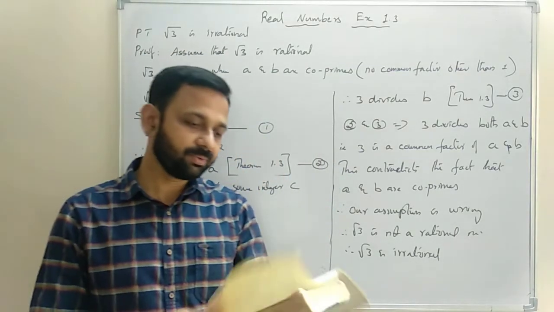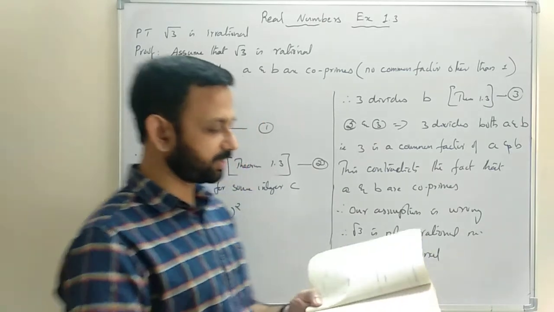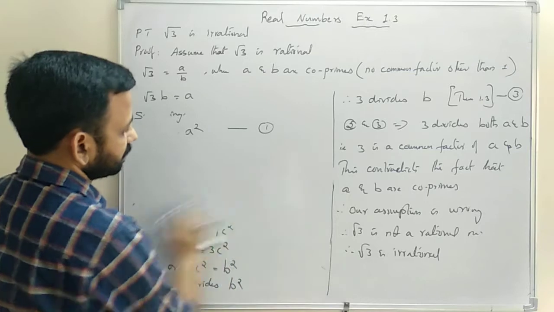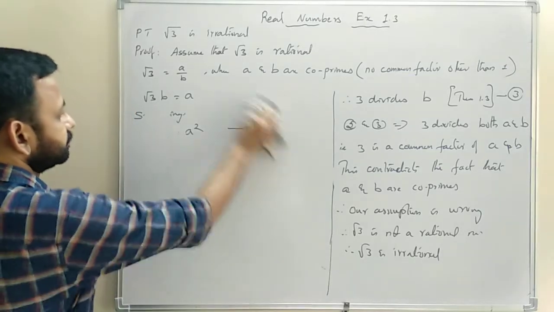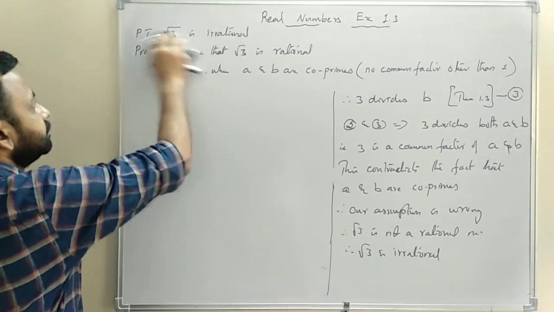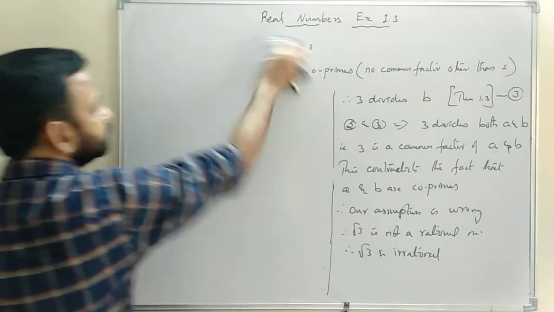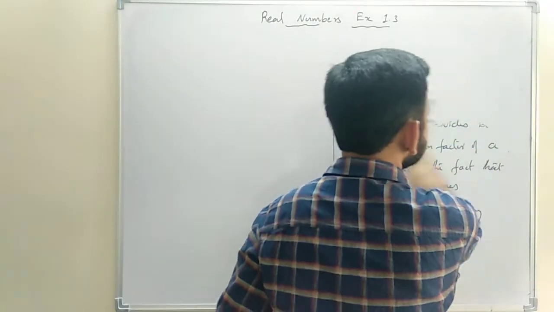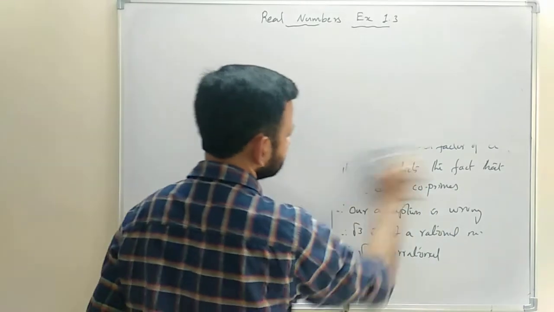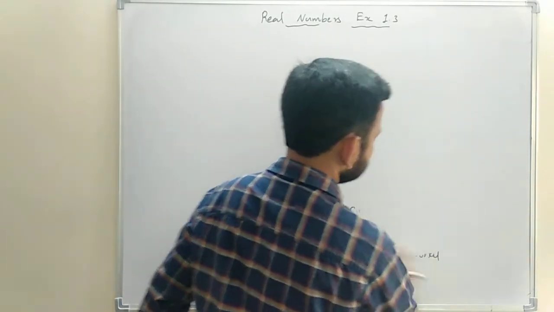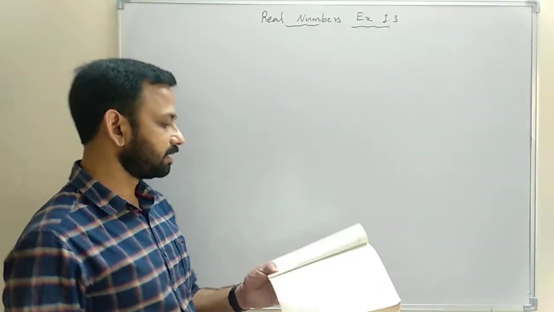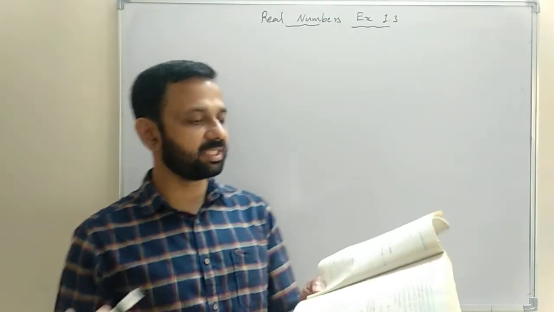Now we are going to do some questions from exercise 1.3. Question number 1: Prove that root 5 is irrational.